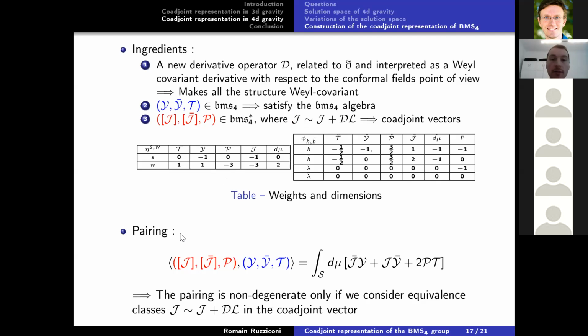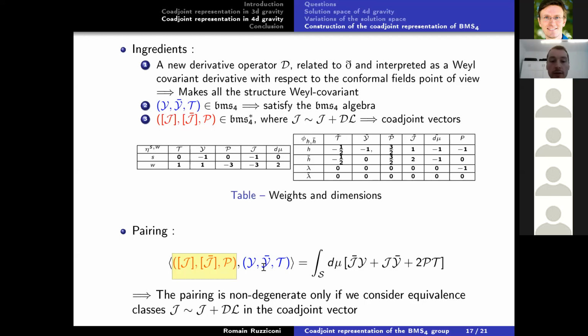Now for this asymptotic symmetry algebra BMS4, you can construct a pairing in the following way. This expression is very similar to the one that we consider in three-dimensional gravity. In particular, you have an entry for the element of the algebra BMS4, and you have another entry for the element of the dual of the BMS4 algebra.